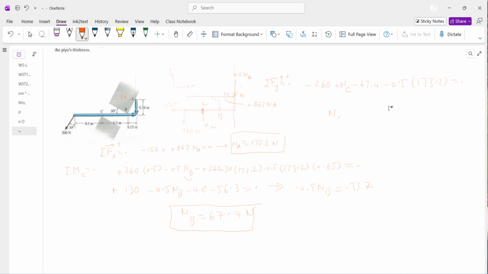And then you get NC is equal to 260 plus 67.4 plus 173.2 by 2.